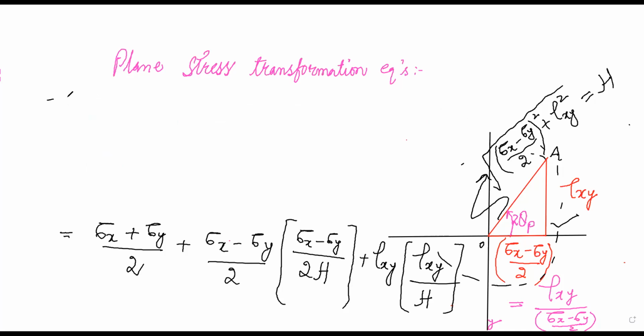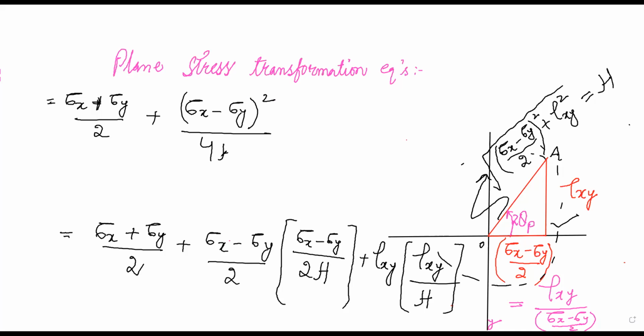This can further be written as sigma x plus sigma y divided by 2 plus sigma x minus sigma y whole square divided by 4 times h plus tau xy square divided by h.